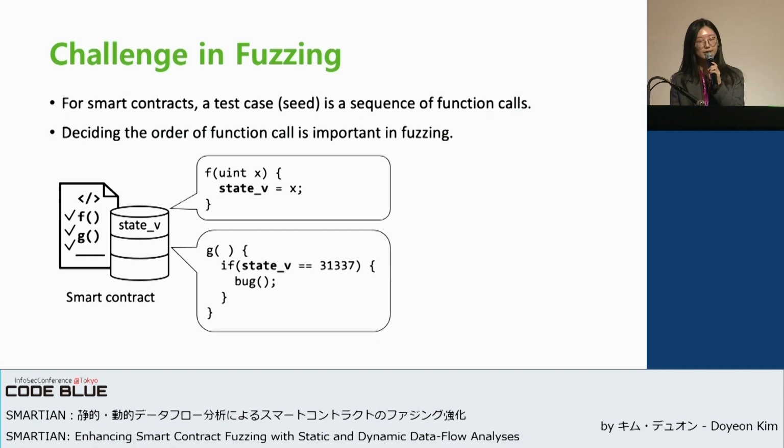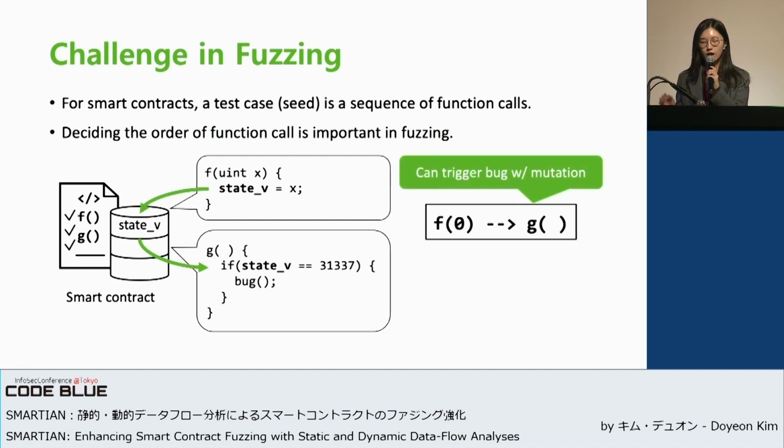Let's consider this example code, where we can trigger the bug in function g by setting the state variable to a specific magic value from function f. Now, if we have a sequence that calls f before g, we have a chance to trigger the bug by mutating the argument of f.